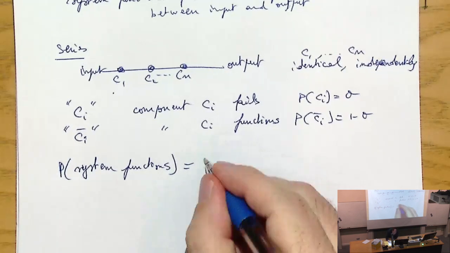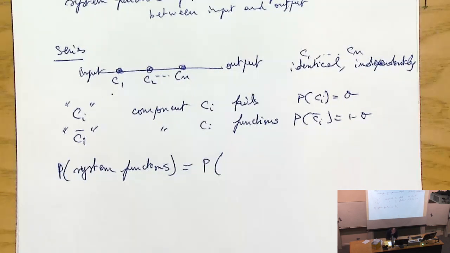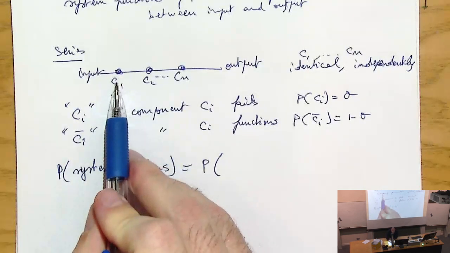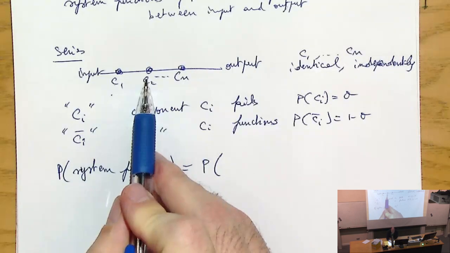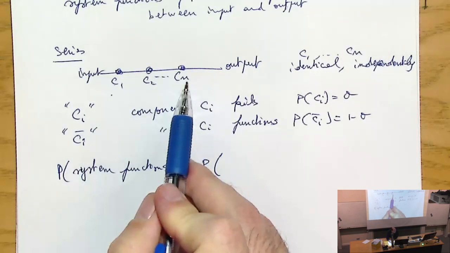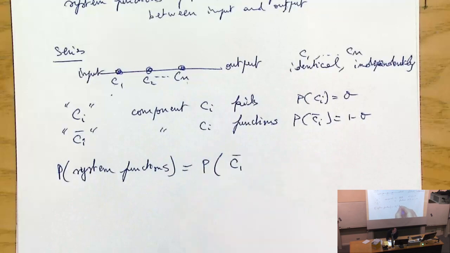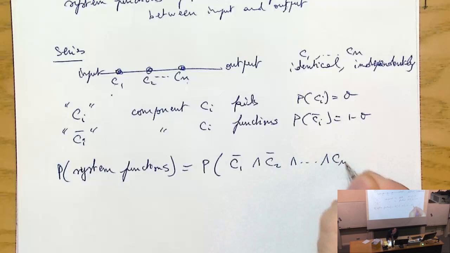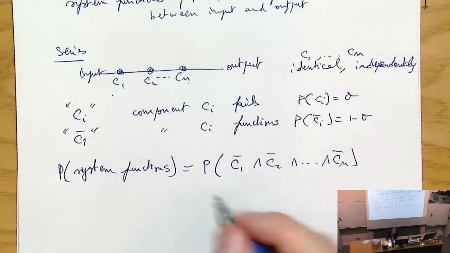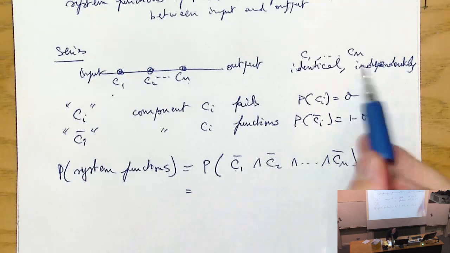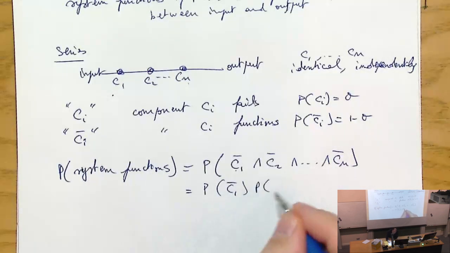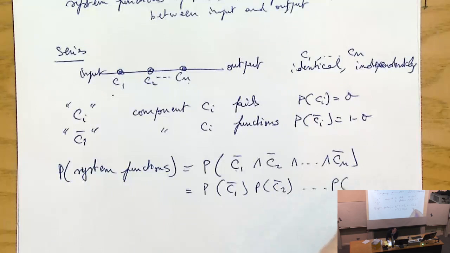Because they're in series, the system functions whenever C1 functions and C2 functions all the way to Cn functions. Now I'm saying they're all independent, so that's the probability of C1 functioning multiplied by the probability of C2 functioning all the way to the probability of Cn functioning.